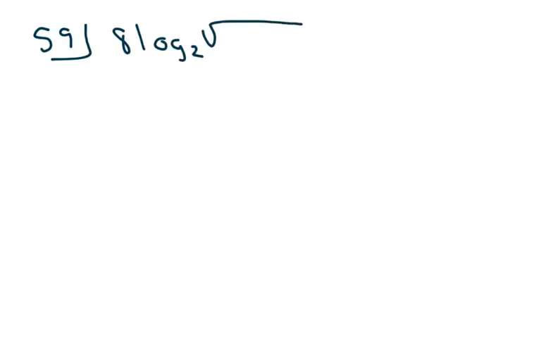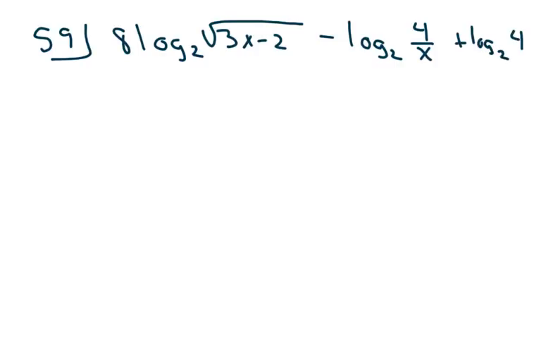59, we have to condense 8 times log base 2 the square root 3x minus 2 minus log base 2 of 4 over x plus log base 2 of 4. So remember, we're reading left to right.